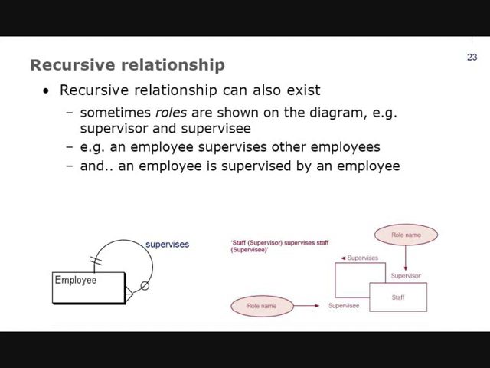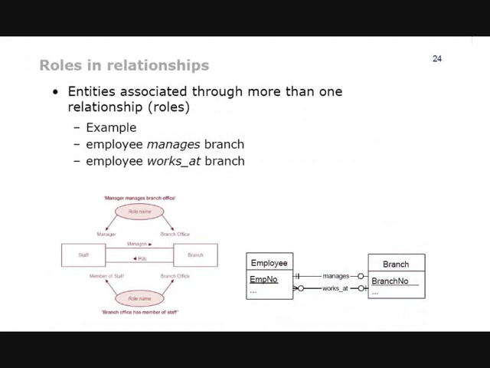Fabulous. So, as I said, you can have not just two things associated by one type of relationship, but you can also have more than two relationships for two particular entities. So, for example, I can have an employee manages a branch, an employee works at the branch. So those are two different relationships which might give me different roles for those two entities.